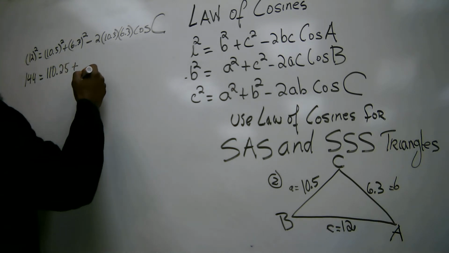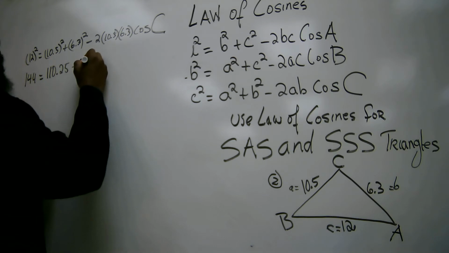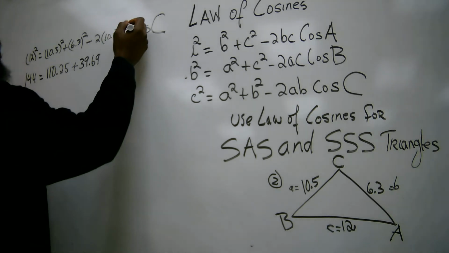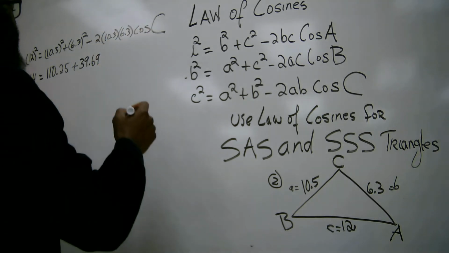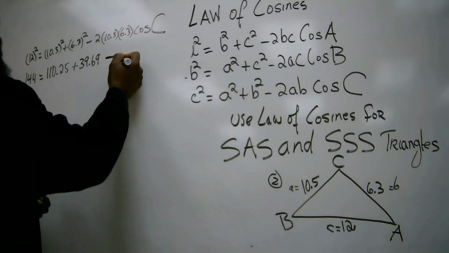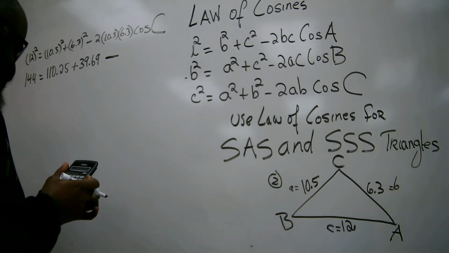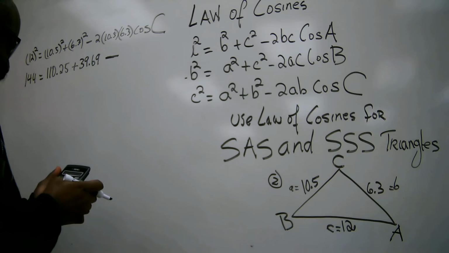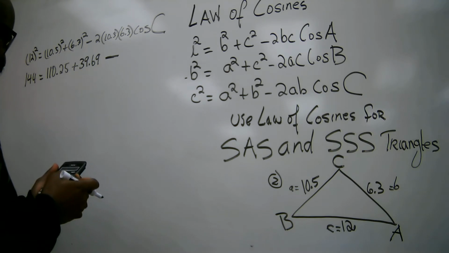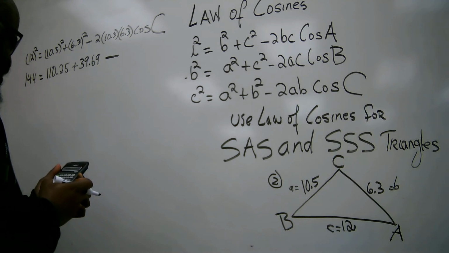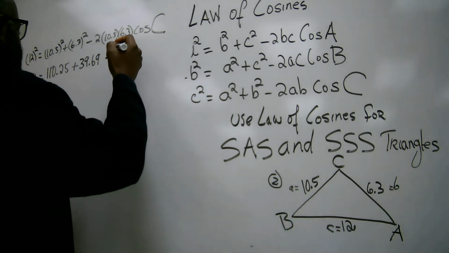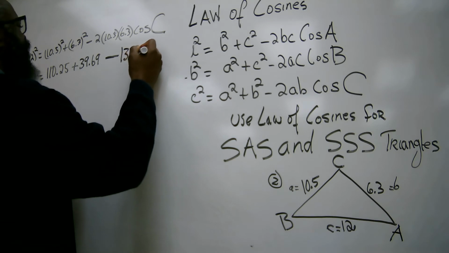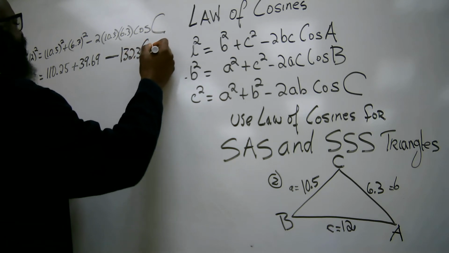That will give you 39.69, and all of this is multiplication, right? That will be minus, that will be 10.5 times 6.3 times 2, but negative, that will give you negative 132.3 cos C.